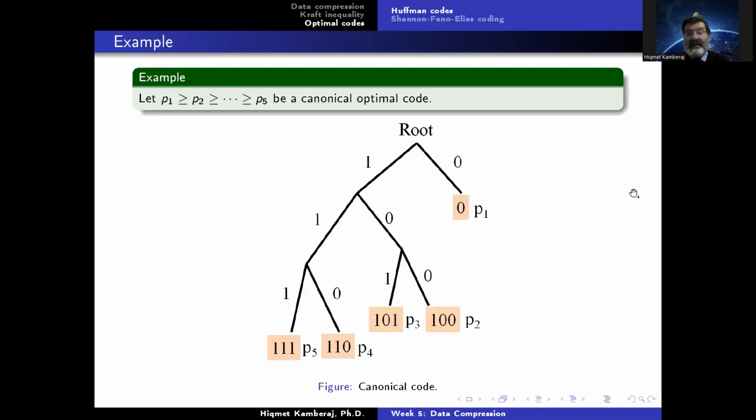How could you do this practically? Consider this canonical Huffman code with p_1 greater than or equal to p_2 greater than or equal to ... p_5. As you can see, l_1 is equal to 1, and the code is simply 0.